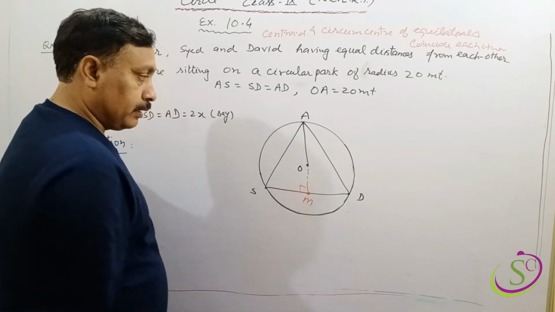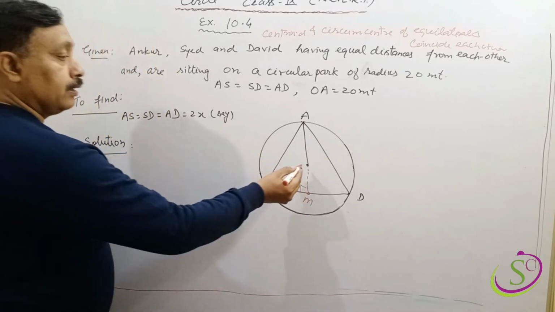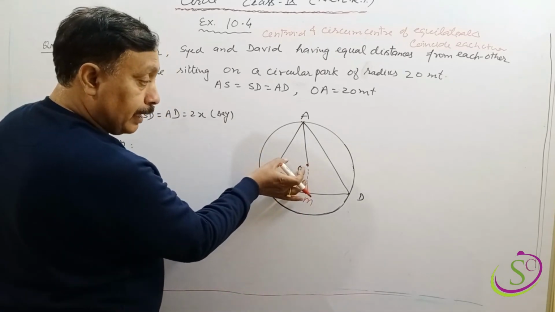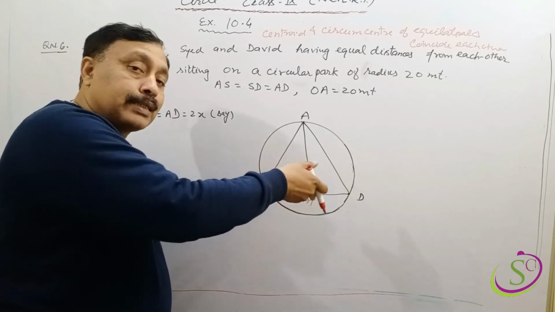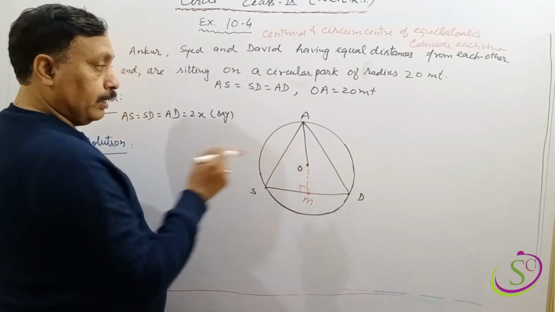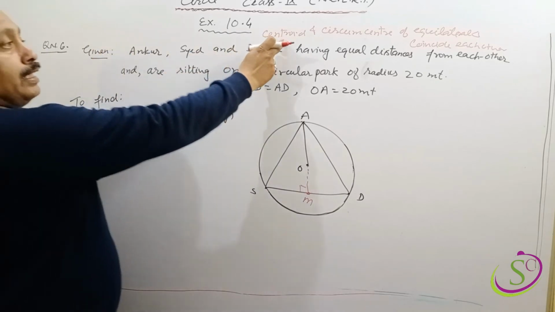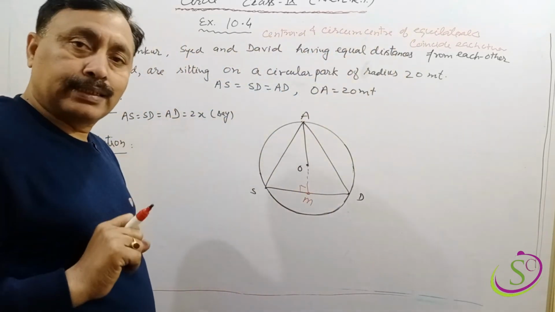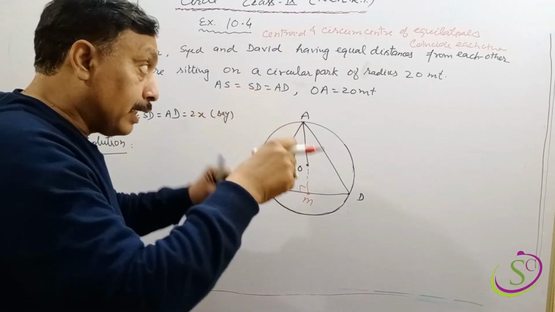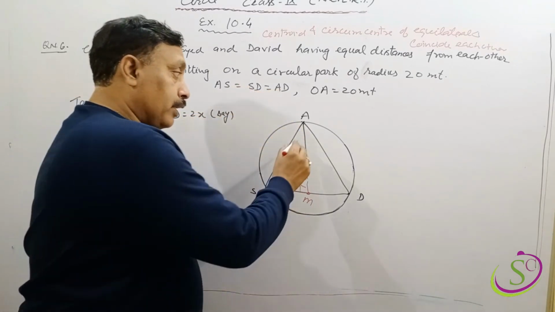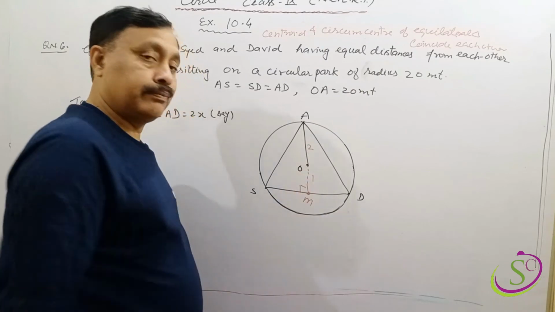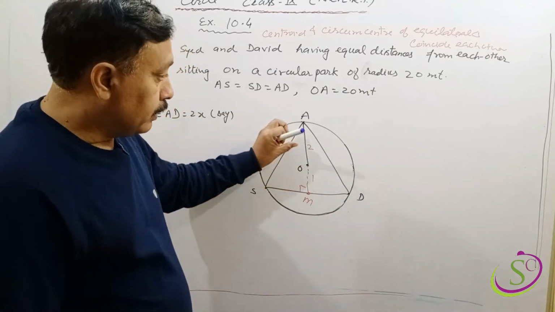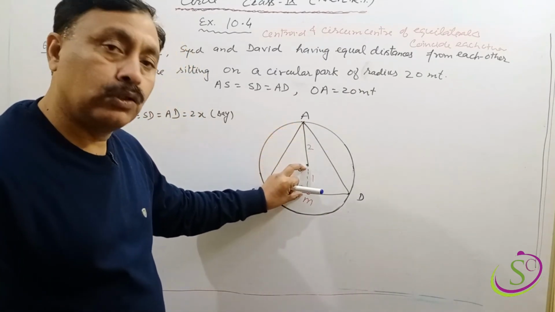This is perpendicular, and this center O is also the centroid of the equilateral triangle. Centroid and circumcenter of an equilateral triangle coincide with each other, and the centroid divides the median in the ratio 2:1. This is the centroid, this part is 2 parts and this is 1 part.